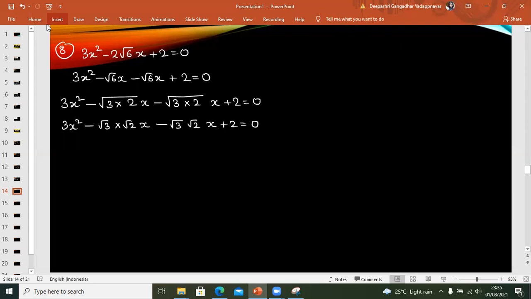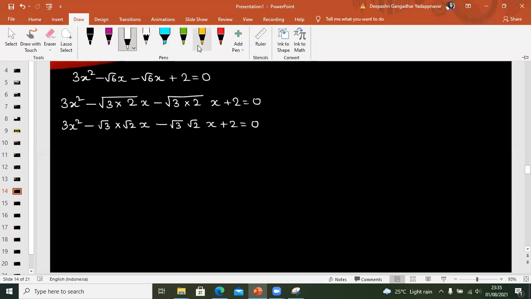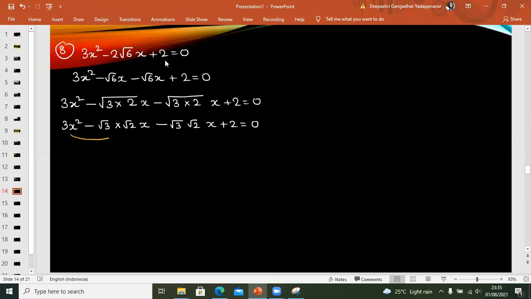Now we have to remove the common out from this. Again, the question is how to remove the common from these two terms. There is 3 here, there is root 3 here. What can we do? Again, we can use the same method. This 3 can be written as root 3 multiplied by root 3. Root 3 multiply root 3 is 3.